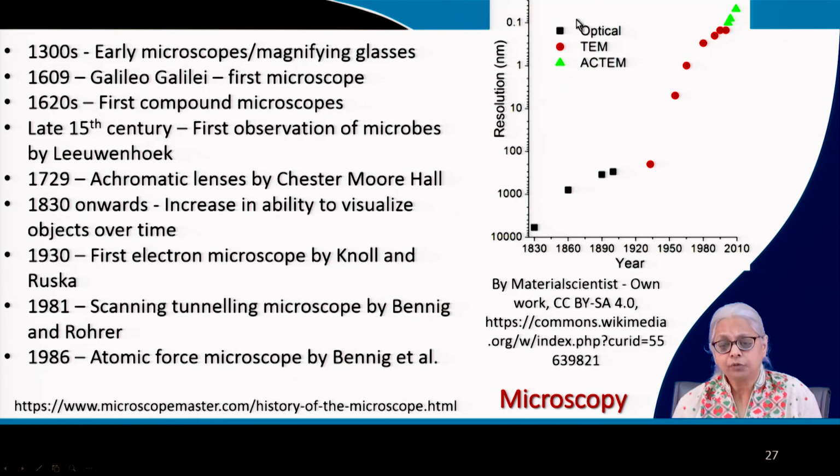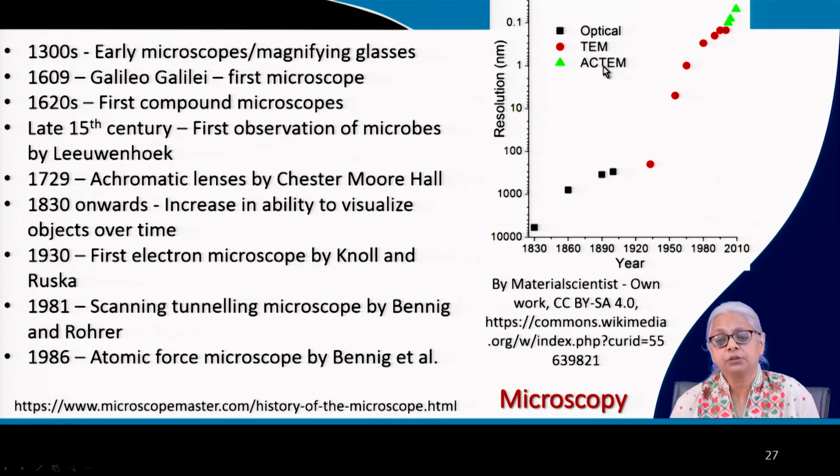The resolution of optical microscopes, as I've already said, under fluorescence microscopy, has now reached around 20 nanometers. So now we are somewhere in this region with optical microscopes. It's not limited to 200 nanometers. That's what you're seeing over here, about 200 nanometers, but we are now at the level of 20 nanometers with light microscopes.